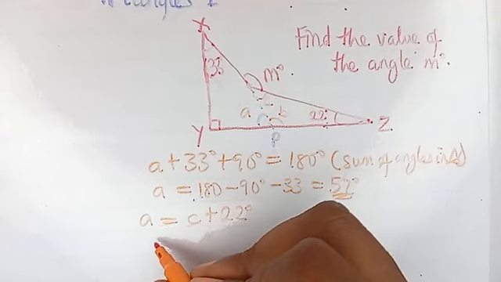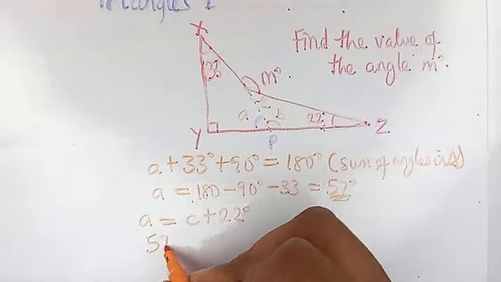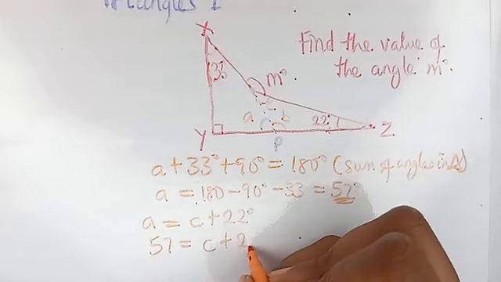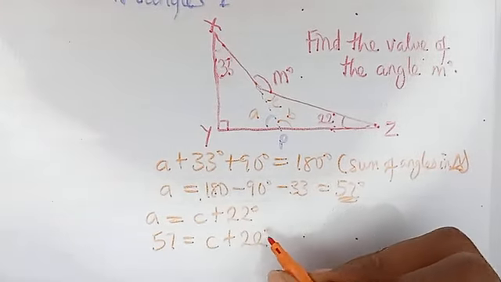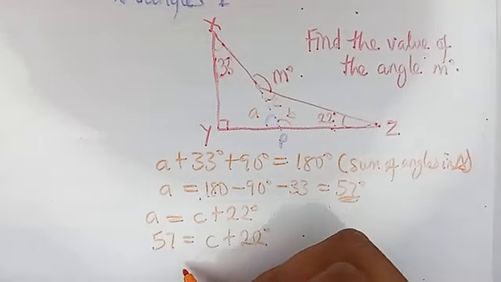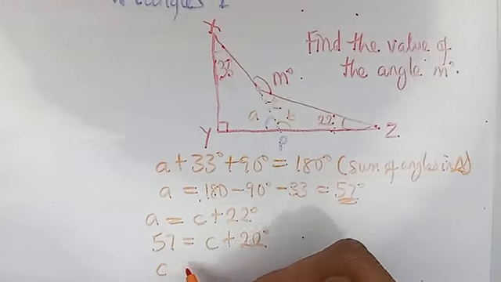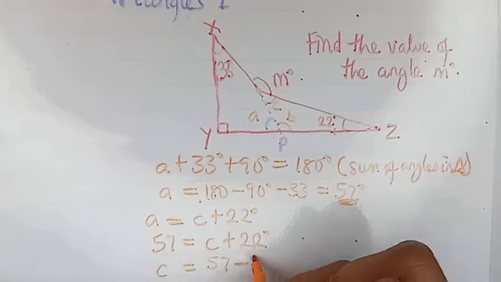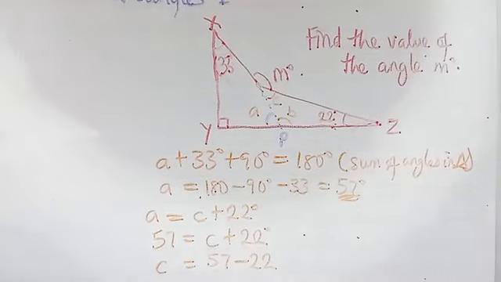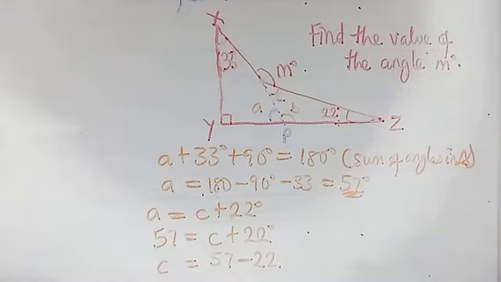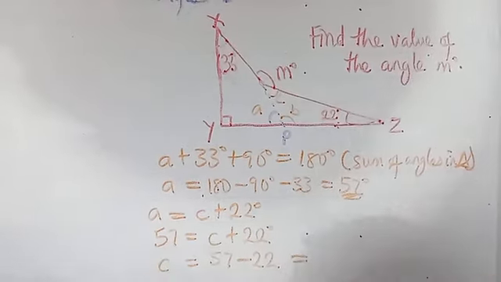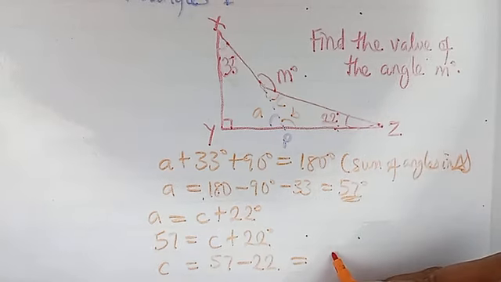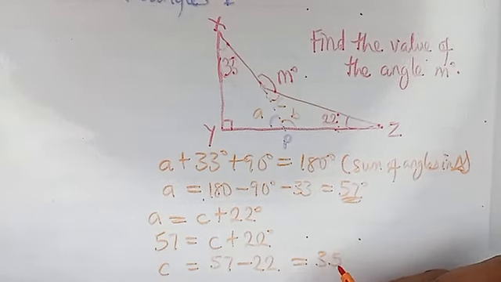Okay, so that's why we are going all around. We have that angle A, which is 57 degrees, is equal to C plus 22. Now, we have that angle C is equal to 57 minus 22, which is equal to 7 minus 2 is 5, 5 minus 2 is 3.